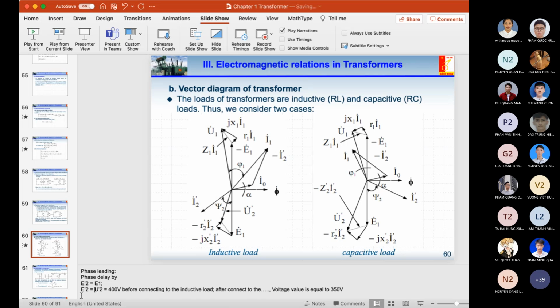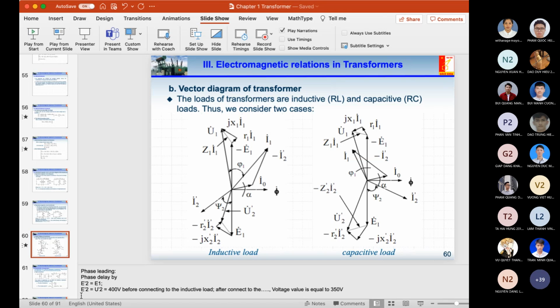If you remember last time, when I taught you electromagnetic induction, if the output of the conducting bar, or the secondary winding of the transformer, is not connected to the load, the electromotive force value is equal to the voltage value.